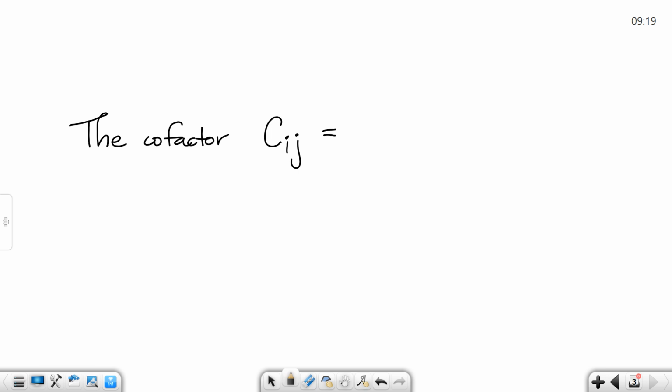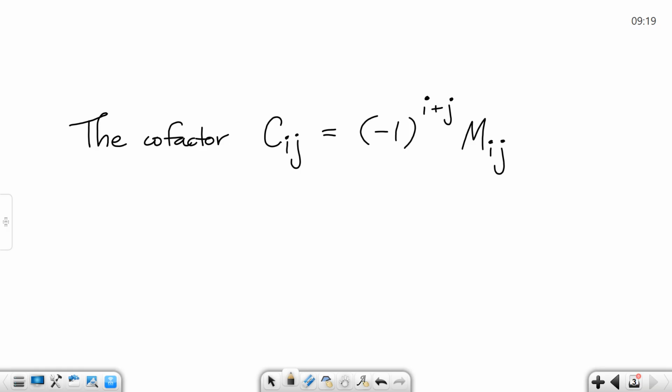And it equals negative 1 to the i plus j times Mij. So we're going to find a minor like we did in the first, except after that we have to put this sign variant in there.